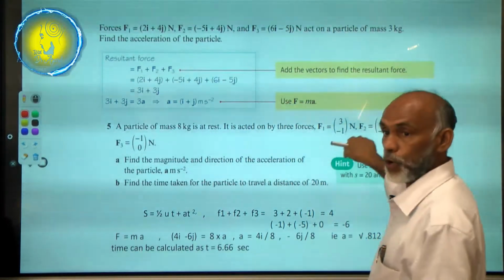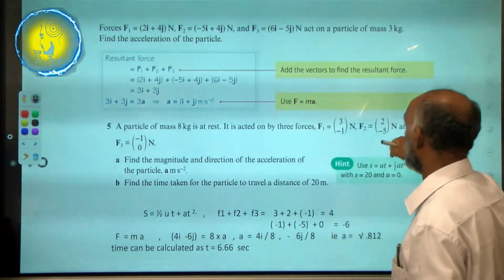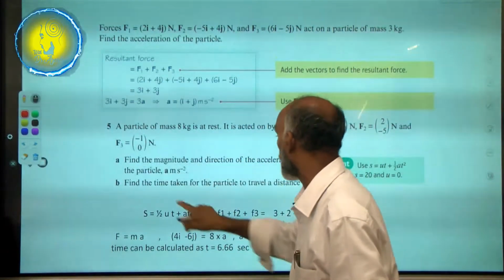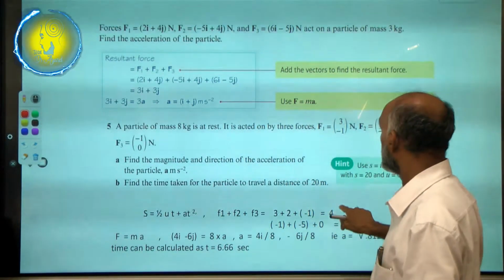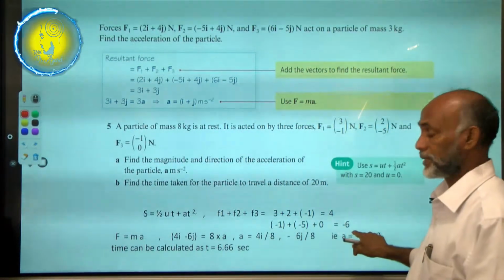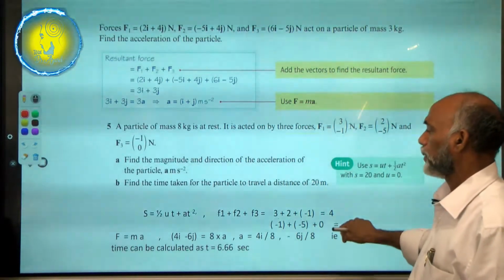Here what we can do, the vector forces also, vector scale can be specified, upper and lower. We can adapt these 3, 2 and minus 1 as the upper, that is horizontal. Minus 1, minus 5, 0, we can adapt and come to minus 6. That's as a vertical. These two vector forces also can be considered.